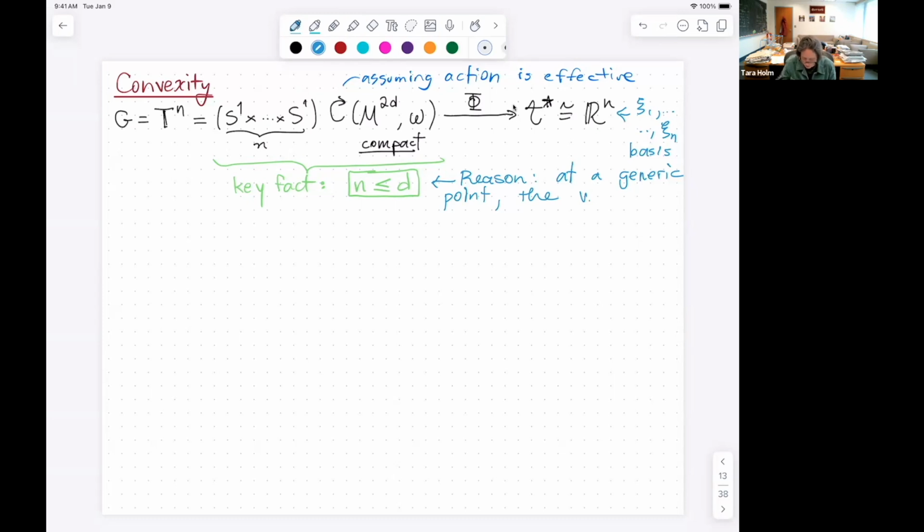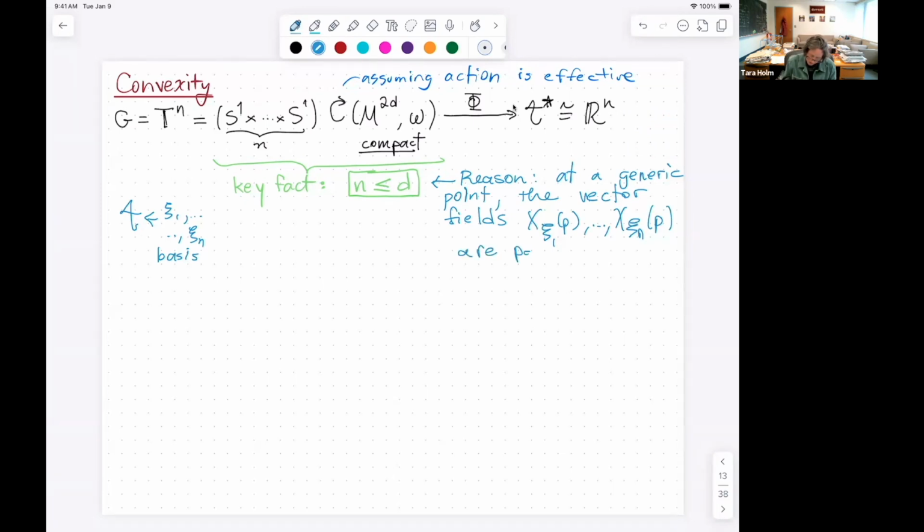Actually, I shouldn't put them there. I want them in the dual of the Lie algebra. So if I take a basis of the Lie algebra, then the vector fields Xc1 at some point up to Xcn are part of a symplectic basis of TpM, by which I mean they are pairwise zero.